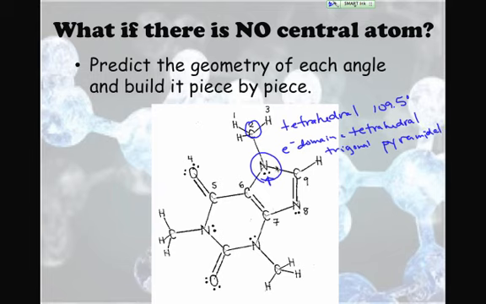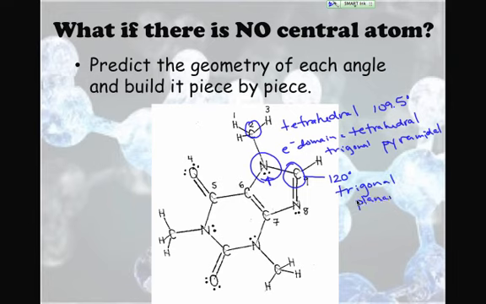It has 3 bonding pairs and 1 non-bonding pair, so trigonal pyramidal is the shape in that section. And then you have your carbon with 3 bonds, and those 3 bonds have 3 electron domains, so this particular carbon would have bond angles of 120 degrees because this follows the trigonal planar geometry.